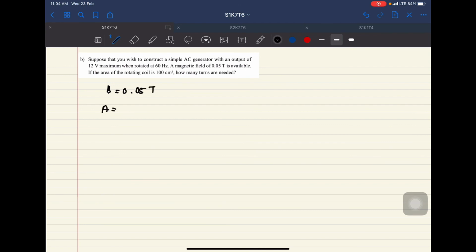Okay, area is 100 centimeters square, so times 10 negative 4, negative 2 times 2. If I want to convert to meter square, how many turns are needed? So again, it says about the maximum EMF. Okay, so you can straight away use epsilon max equals to NBA omega.